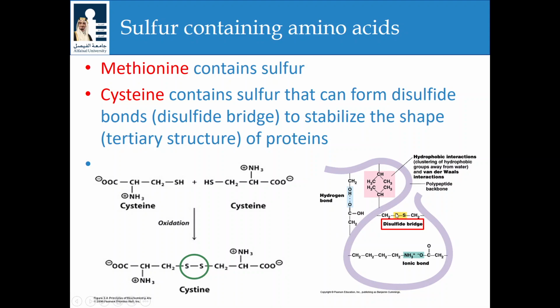This interaction will influence the folding of the protein. We're going to learn about protein folding next week and how it is influenced by different types of bonds. So if you have two cysteines facing each other in the protein, they can bind to each other, forming a very stable structure, because covalent bonds are very stable, and these are the disulfide bridges.